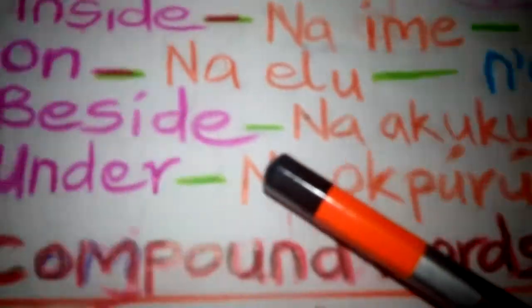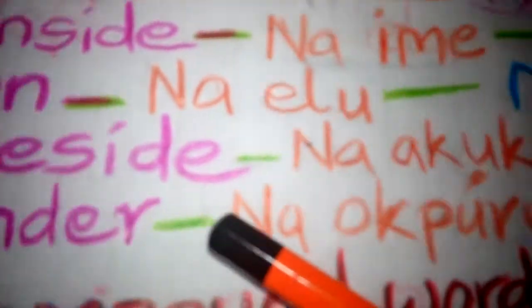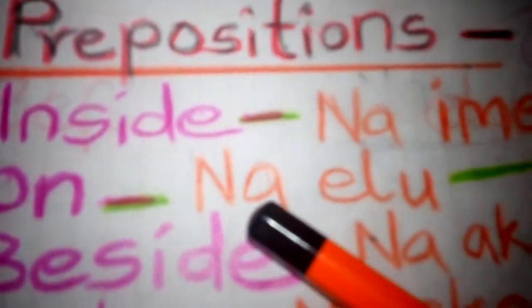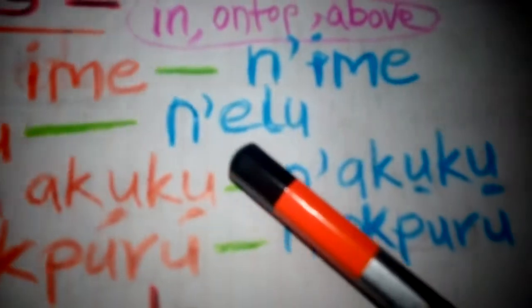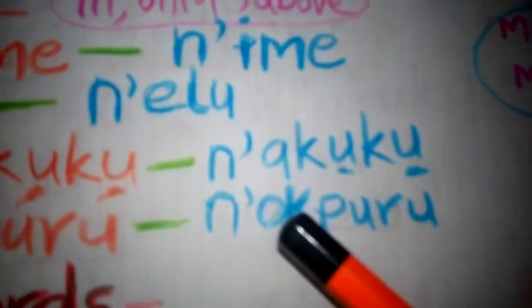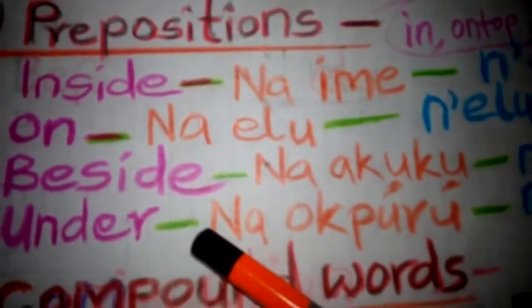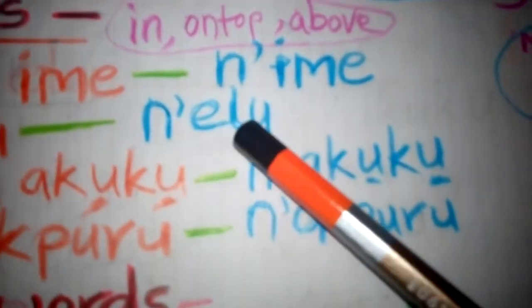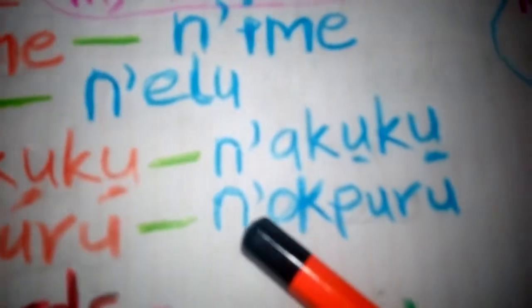Beside is n'akụkụ, under is n'okpuru, on is n'elu, inside is n'ime. If it's not a preposition, you cannot drop anything.